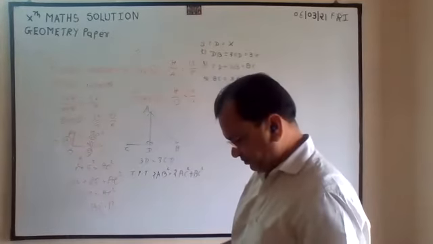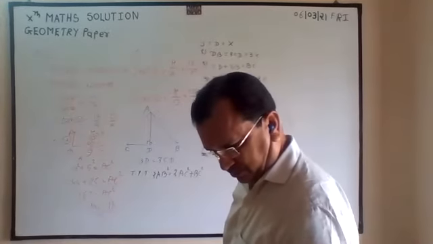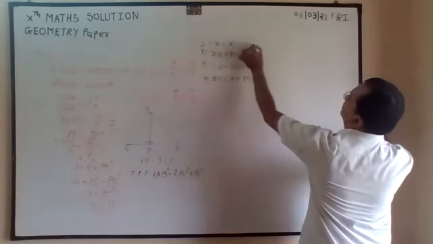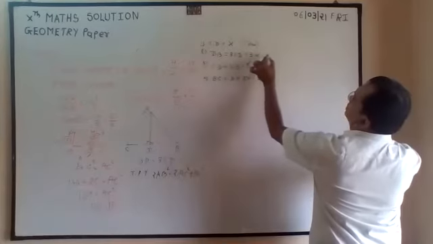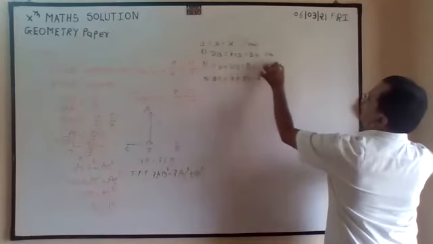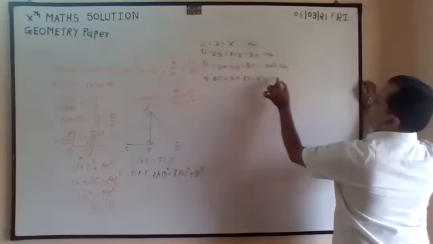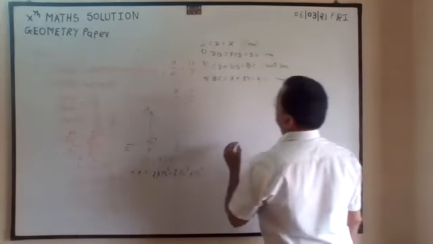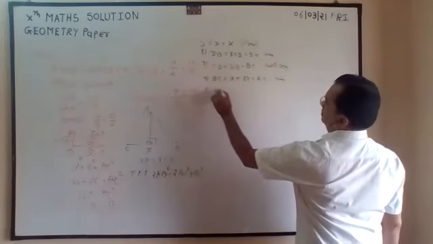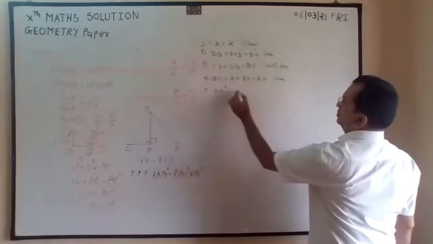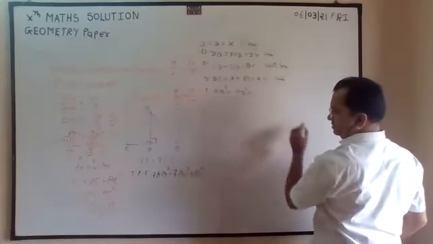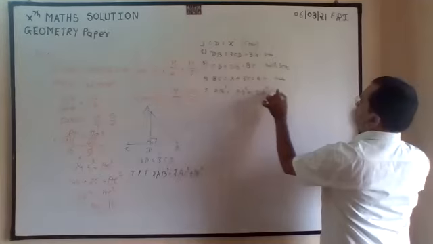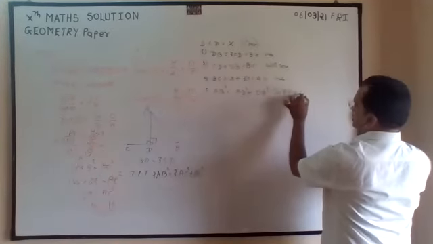Next, this is substituting the addition of segments. Now AB square is equal to AD square plus DB square, in right angle triangle ABD.